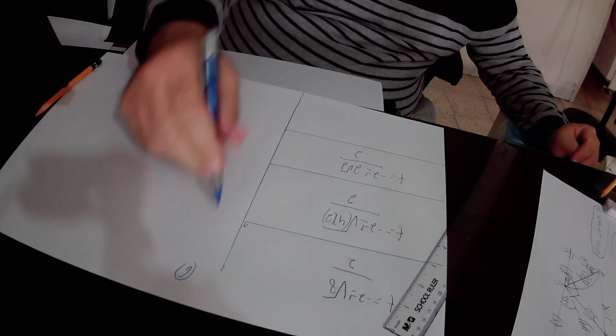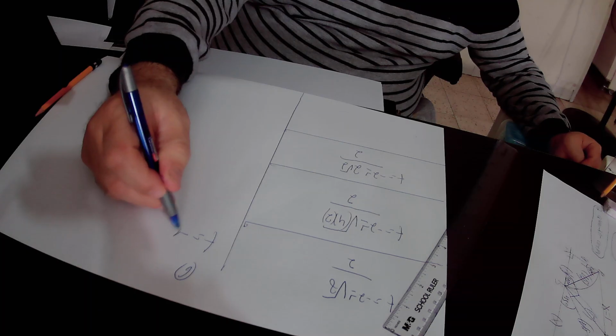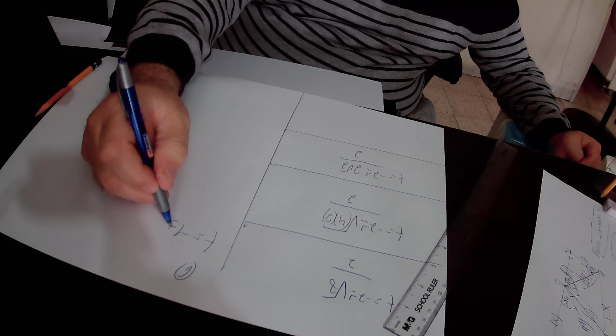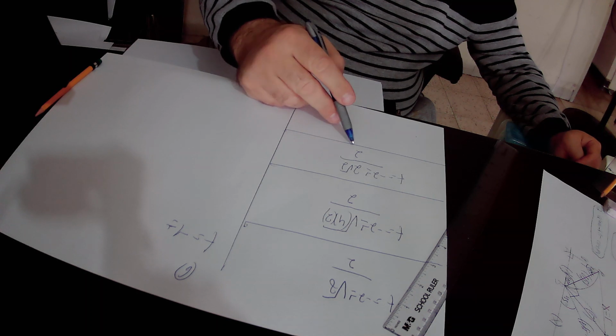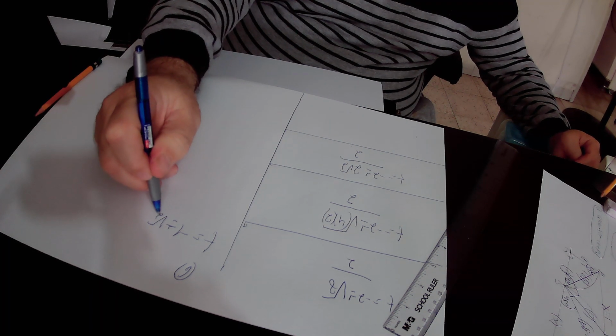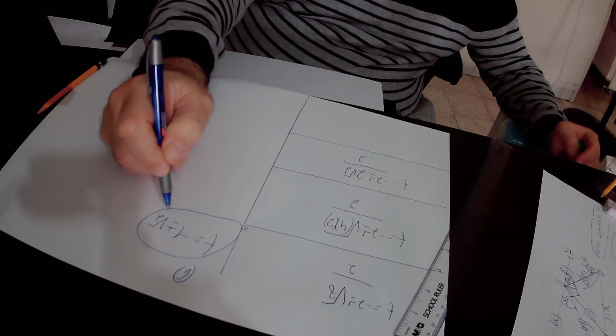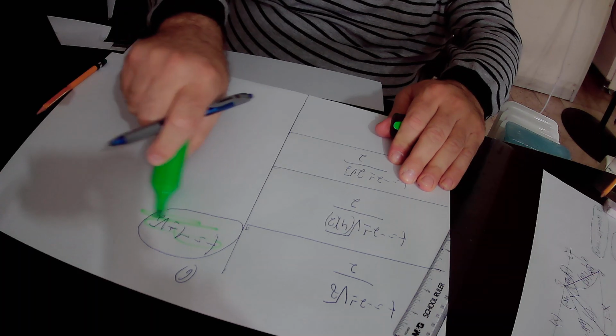So t equals minus 2 over 2, which is minus 1, plus minus 2 over 2, which is 1, so in total this expression equals square root of 2. So in conclusion, we found that t equals minus 1 plus minus square root of 2.